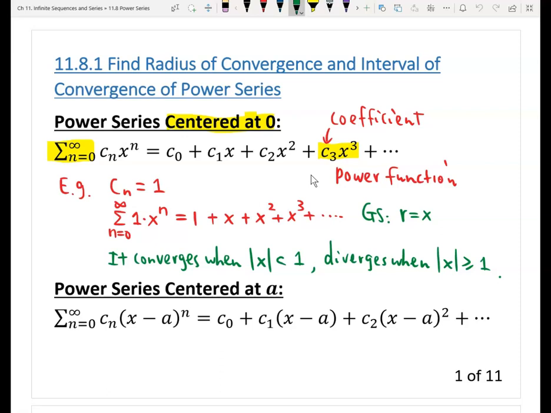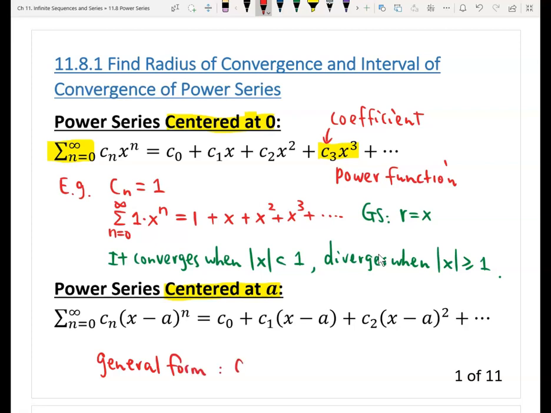We can extend this kind of series to a power series centered at a. If I put here, let me highlight, centered at a, which means each power function this time goes to x minus a, right, raised to the nth power. Okay, of course, you know, this is just a general case, or you say it's a general form of a power series.